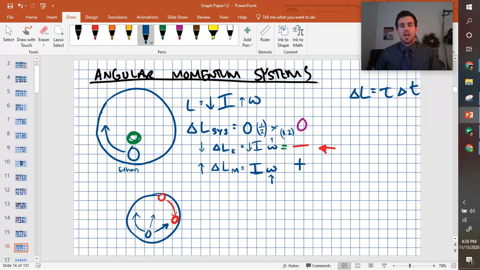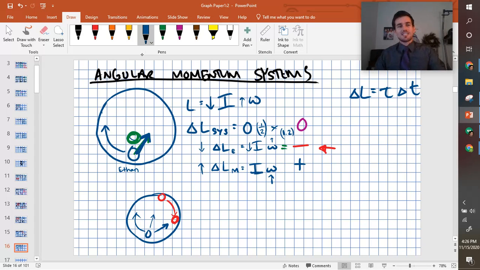So when Ethan leans forward on this ride, he's applying a force in this direction, and how much of an angle that is depends on how fast he's spinning.